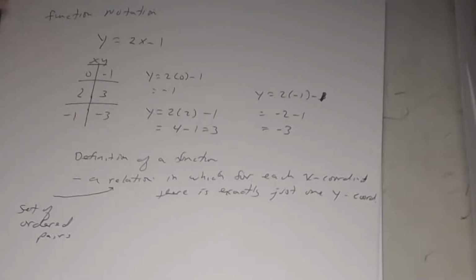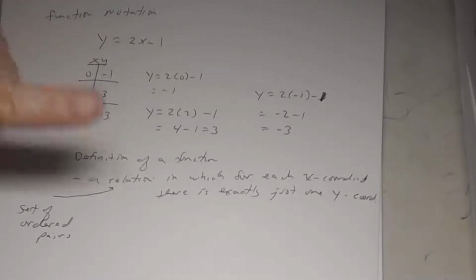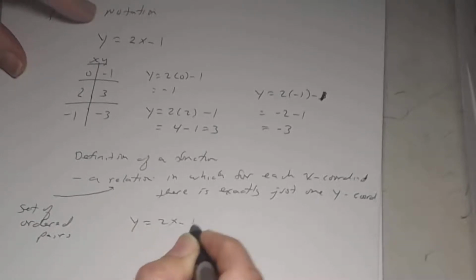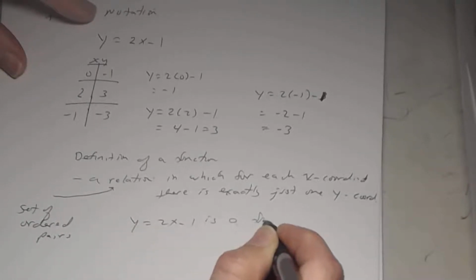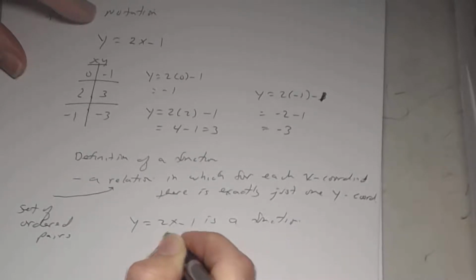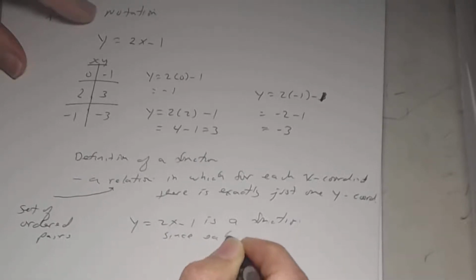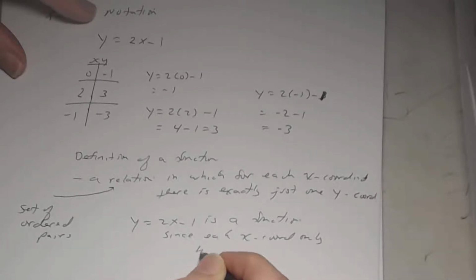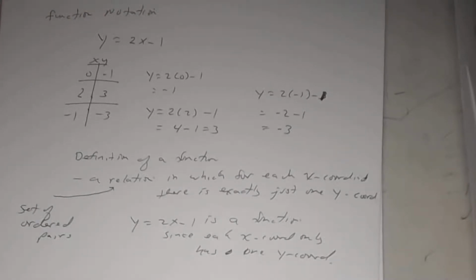One y coordinate. So that's a function. So this relation, y equals 2x minus 1, is a function since each x coordinate only has what? One y coordinate.